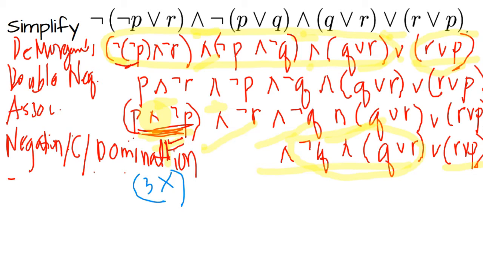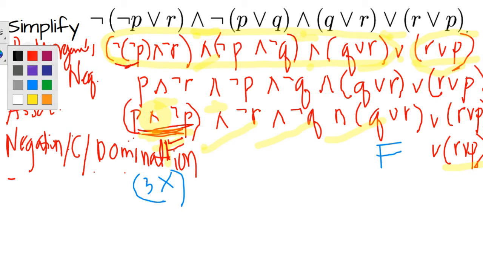So applying domination 3 times, this will become false. So this will cut off the solution now.